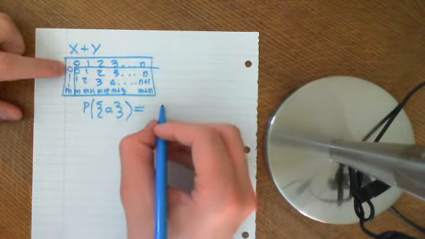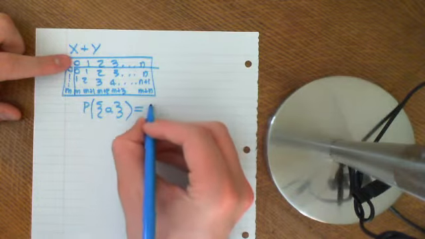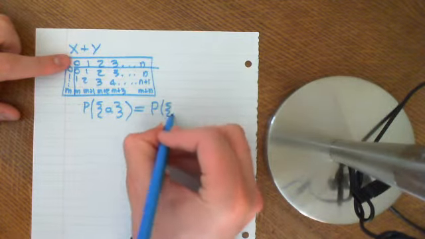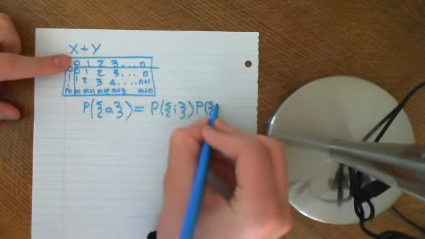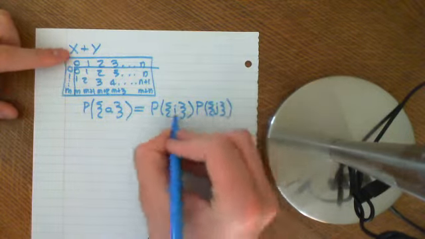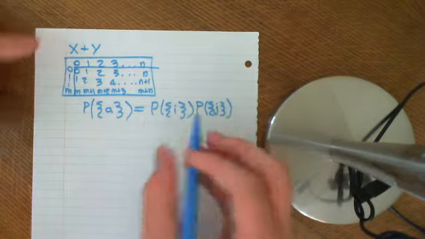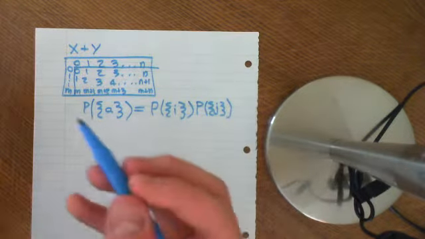So let's say its two constituents are i and j. It's going to be the probability that you get i times the probability that you get j. So basically we're defining it so that they will be independent.